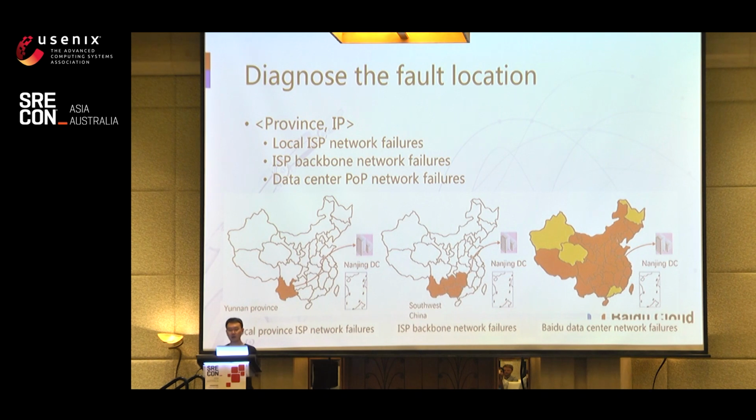When failures are scattered in all provinces but are concentrated in a single data center, it can be determined as a data center network failure. In this way, we can automatically detect the type of internet connectivity failures.